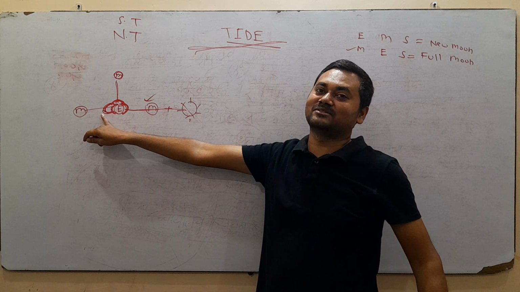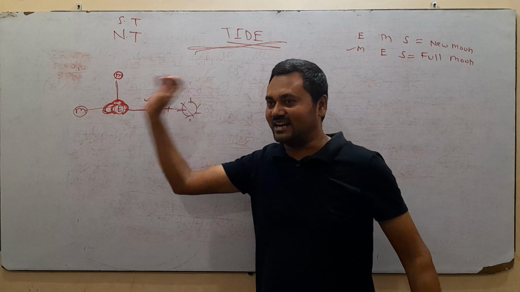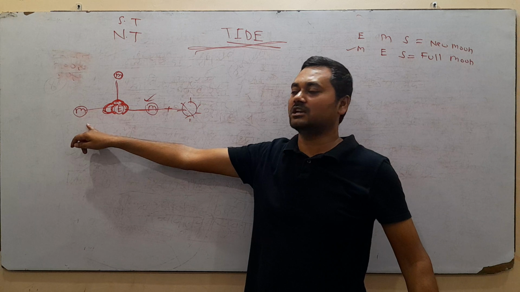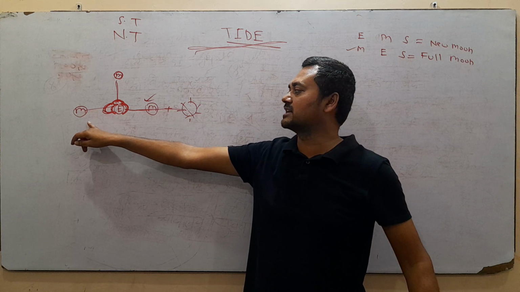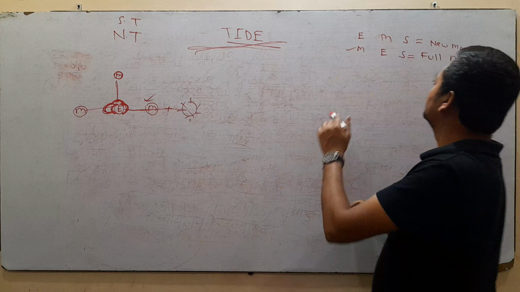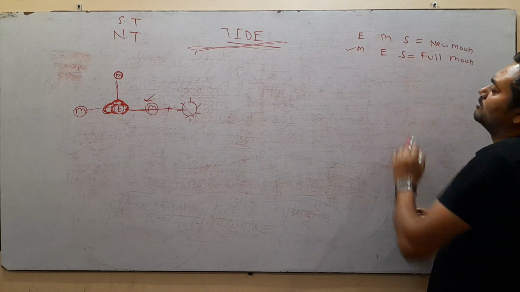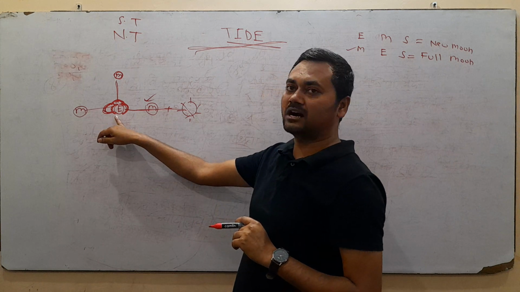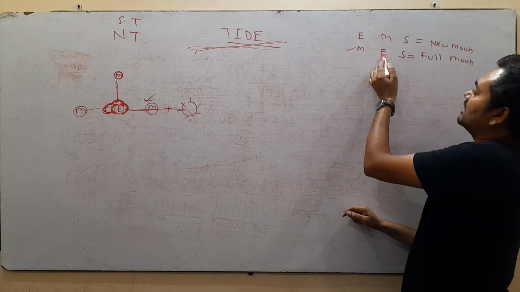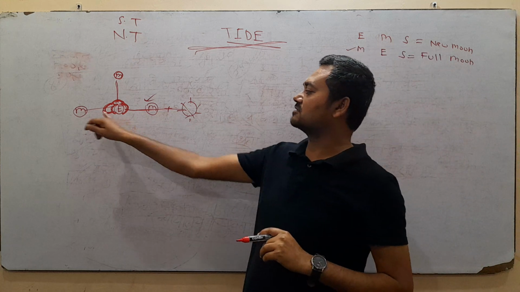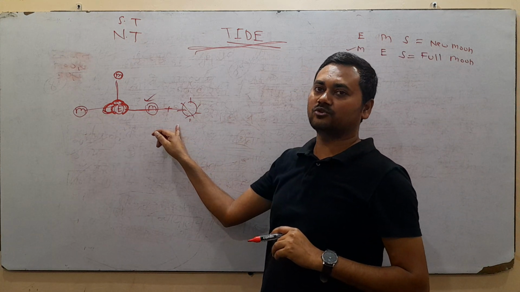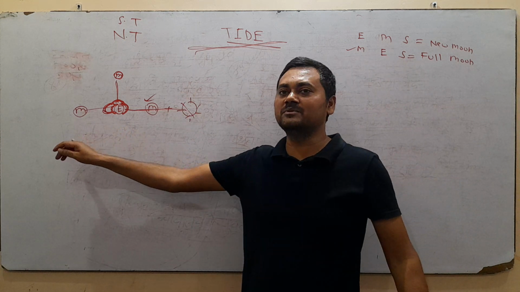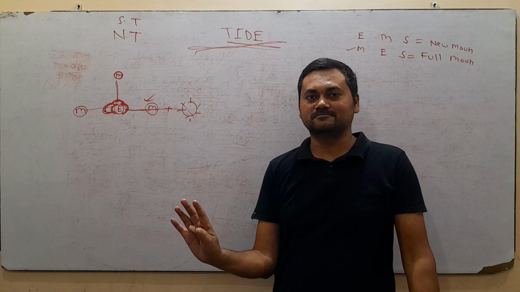By the way, it is little bit technical, but I am telling in one line that even in this case, this case is known as what? This case is known as this one, a full moon. Why full moon? Because the earth is in between. The earth, the moon and the sun. So during the full moon position, we will be experiencing the spring tide.